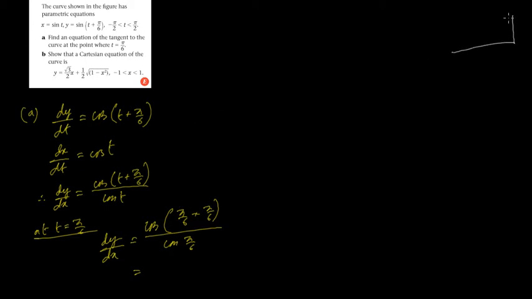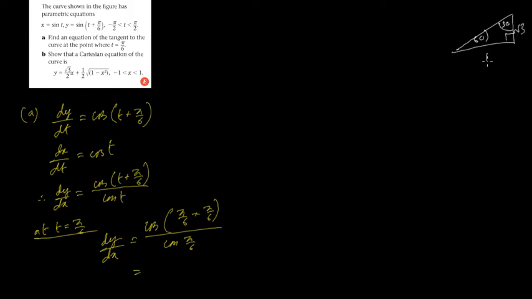We have to find the gradient at t equals pi by 6. So at t equals pi by 6, dy by dx equals cos of pi by 6 plus pi by 6 divided by cos pi by 6. We know pi by 6 is 30 degrees, so 30 degrees plus 30 degrees is 60 degrees. So cos 60 degrees is, if you remember this triangle, you have to memorize this triangle. This is very, very helpful.